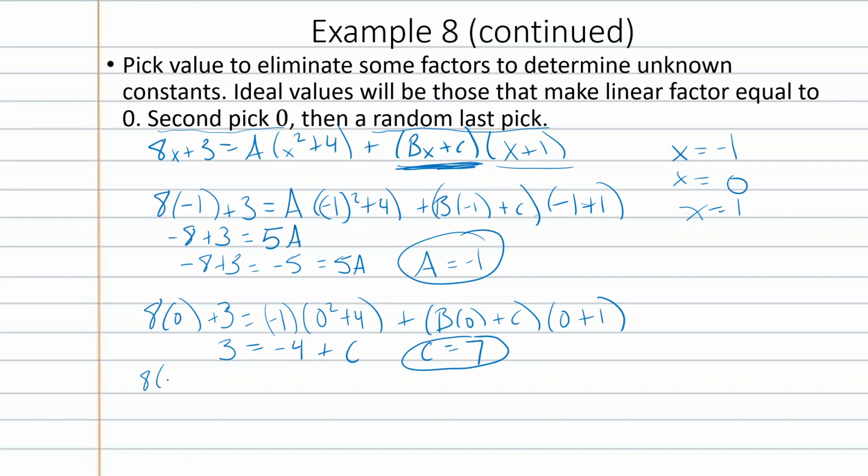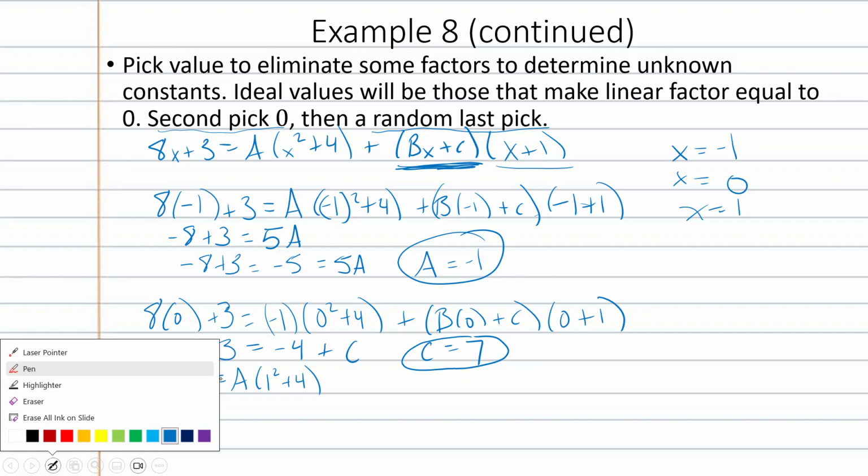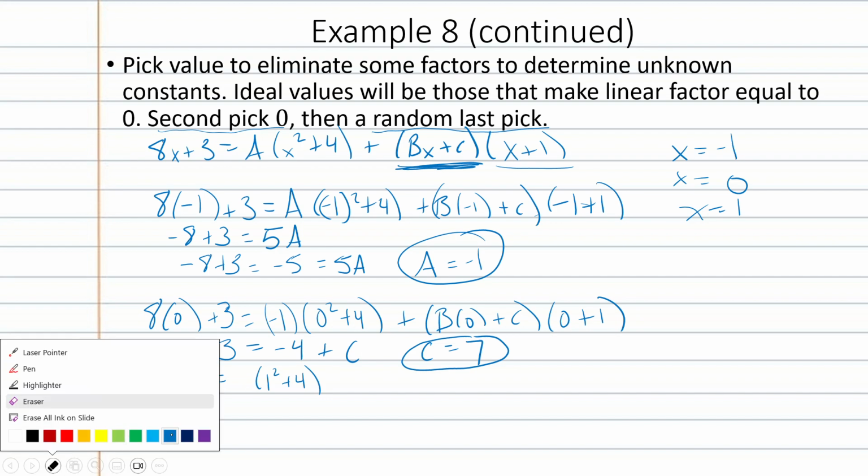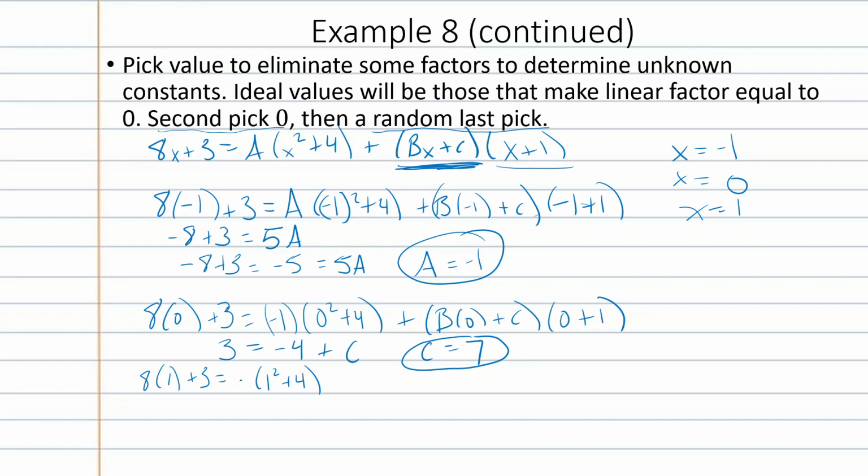So here I'm looking at 8 times 1 plus 3 equals a times 1 squared plus 4. Oh, remember we said we were going to substitute our a in. Oops. Our a here is negative 1. So I'm going to do negative 1 right there for a. Got to remember to substitute them in. Now, plus b times 1. Now, plus c, which is 7.